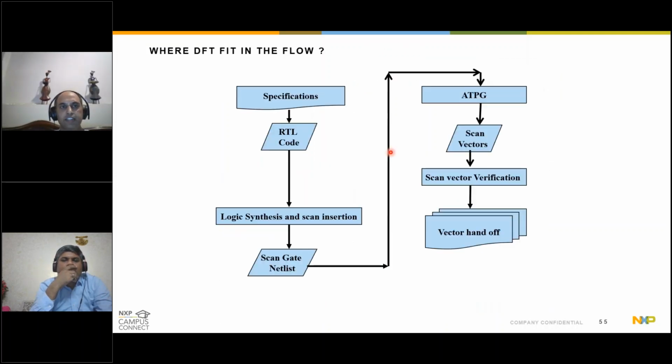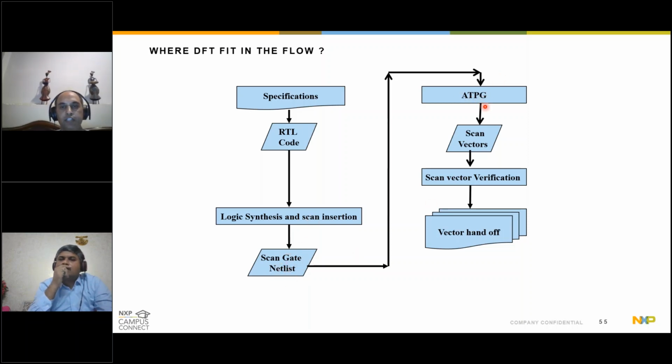This is just another slide showing how DFT fits in the flow. There is a functional RTL code. You go through logical synthesis and translate it into a gate level netlist, and then you do scan insertion. Scan insertion is nothing but converting your normal flops to scannable flops and then building scan chains, connecting one flop to the other flop. This is what we call a scan gate netlist.